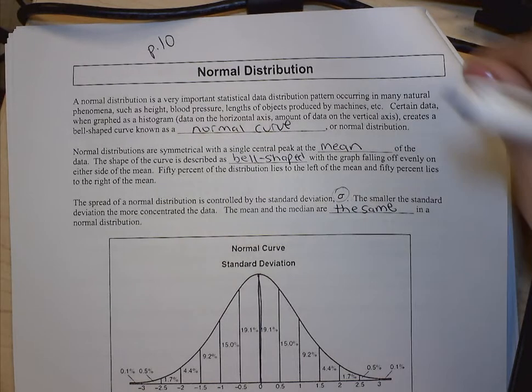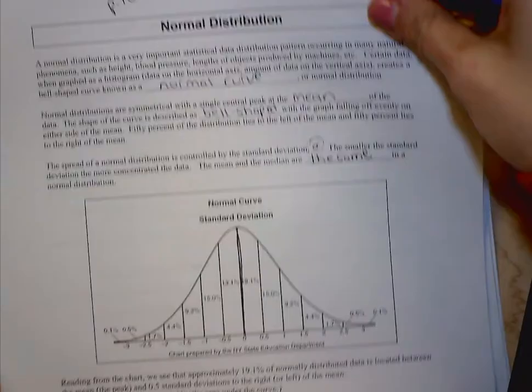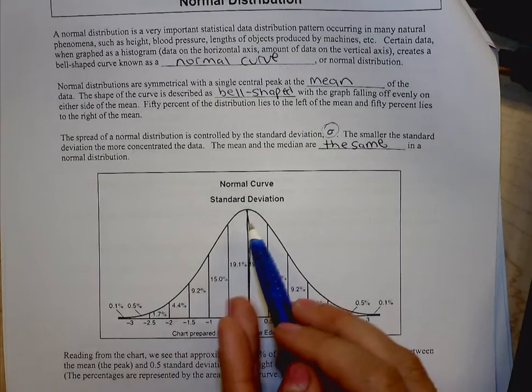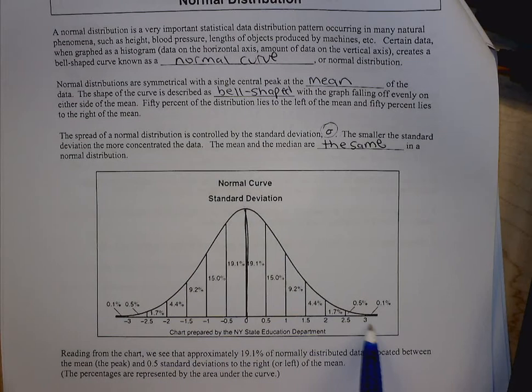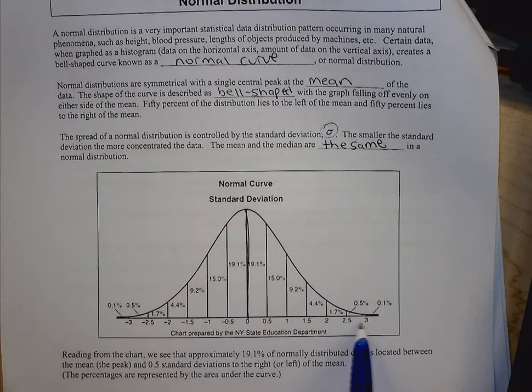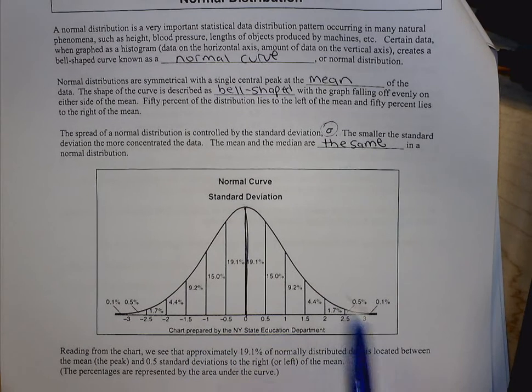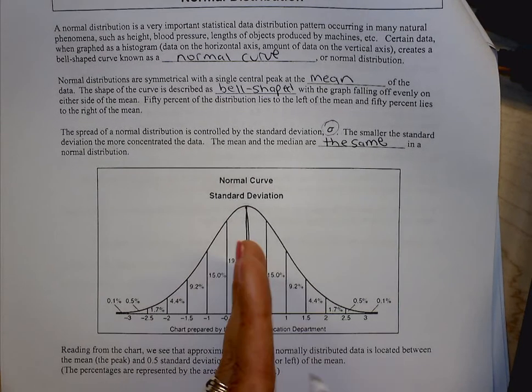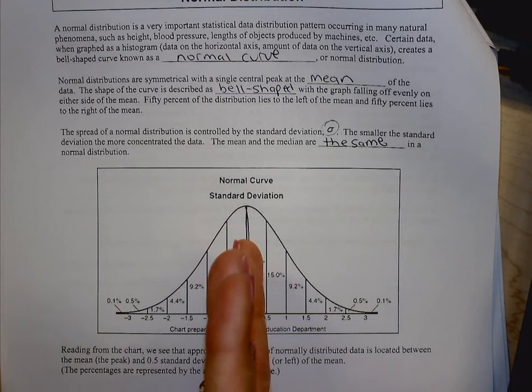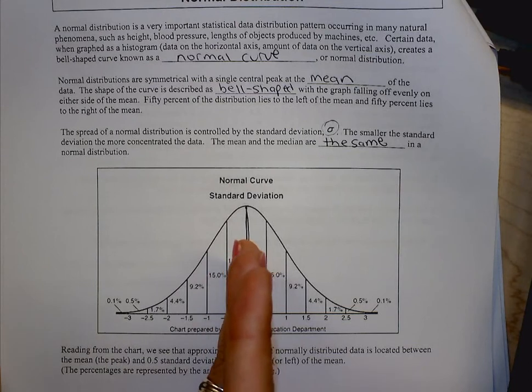Okay, so on this normal curve, I know this is my mean, and my x-axis right here is the standard deviation. So if I have values that are exactly on my mean, that means I have a standard deviation of 0. Nothing is changing. I have no plus or minus. There's no variance.